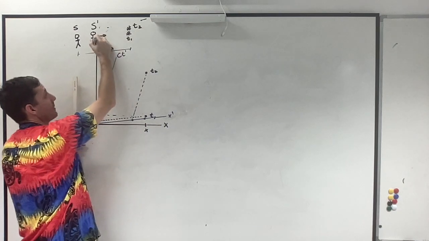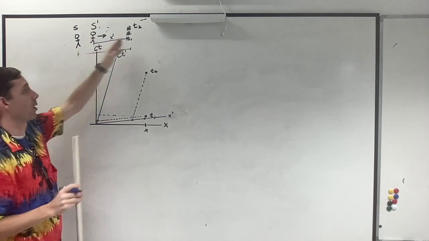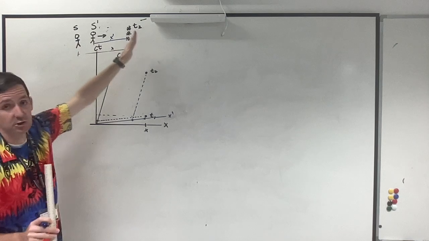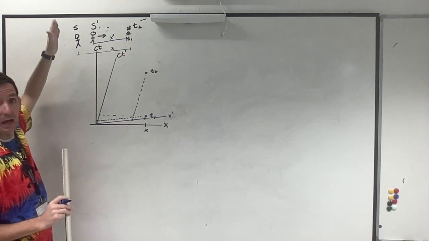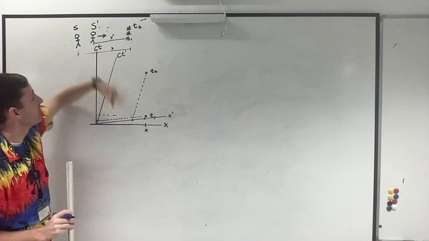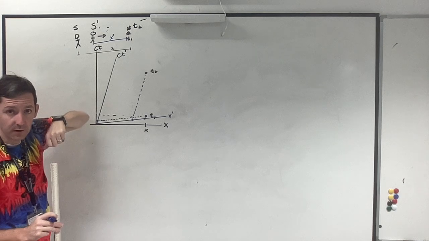Remember, x prime is the distance from S prime to the event. From his perspective, the events are actually moving towards him. And so when time 2 happens, when the second event happens, it will be closer to my S prime frame of reference.